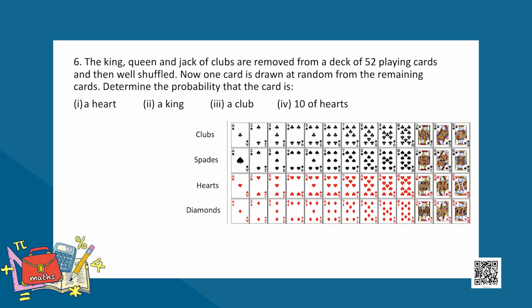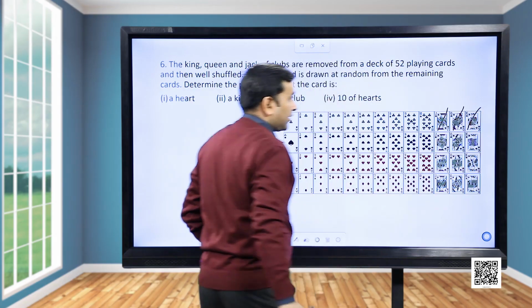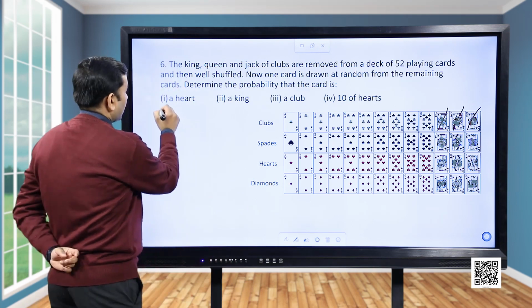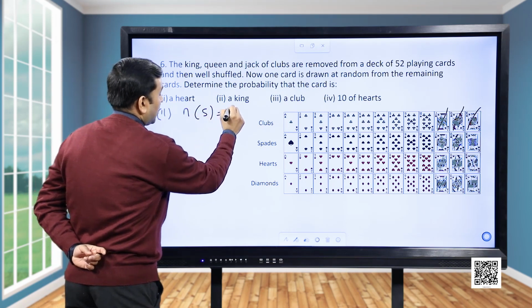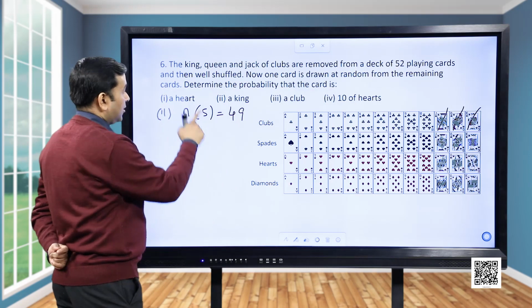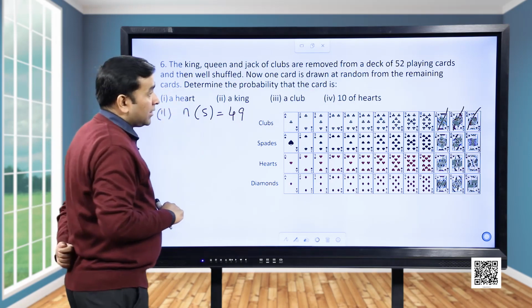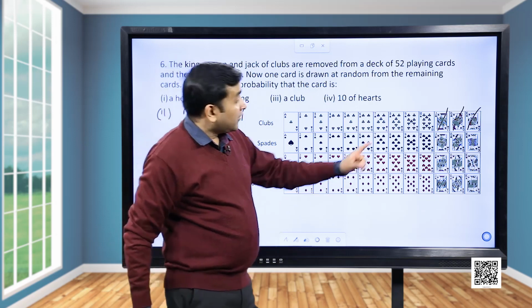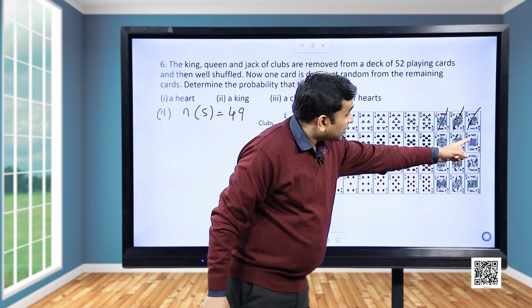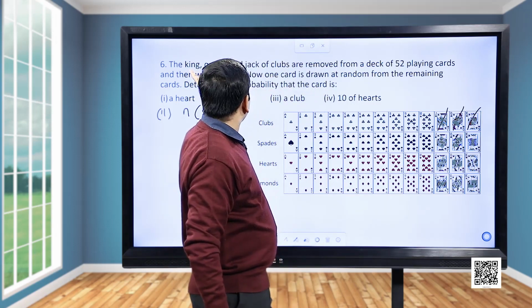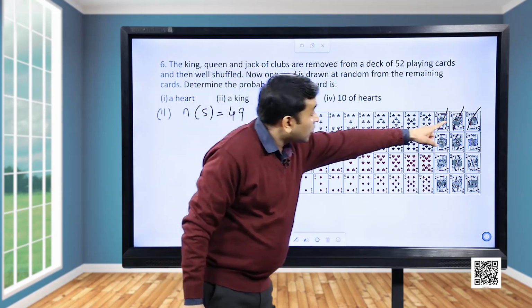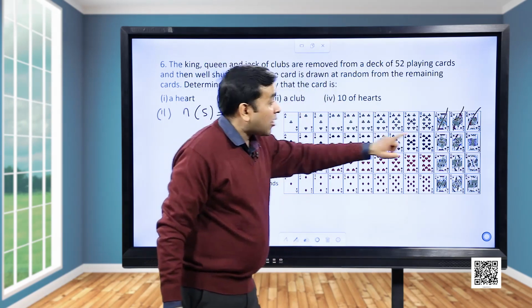We need to find the probability of drawing a card such that it is a king. So we don't have these three cards, right? We know all the possible outcomes are 49, which we found earlier in the first part. Now, how many kings are there? There are 4 kings of clubs, spades, hearts and diamonds. But the question says we don't have king, queen and jack of clubs, so I have removed it for you. How many are left?